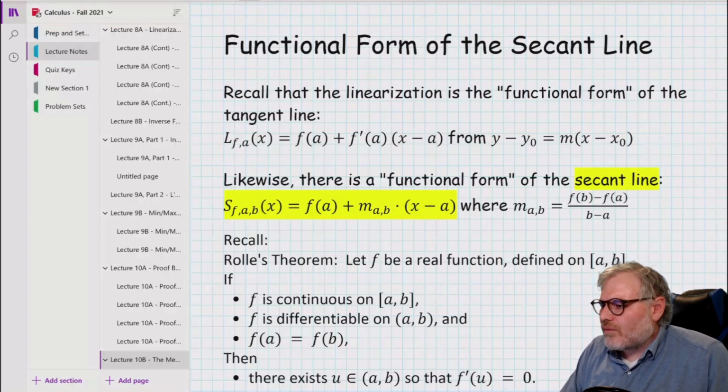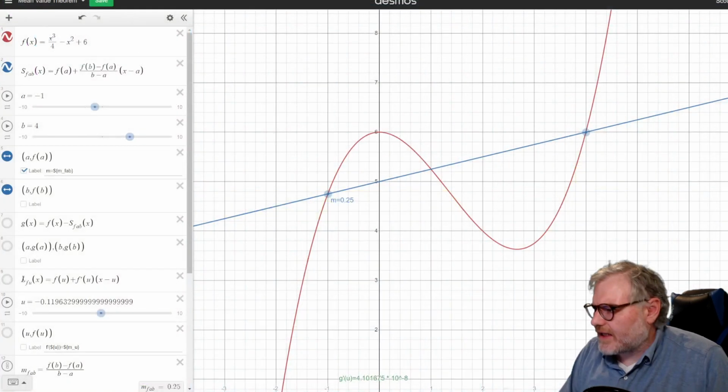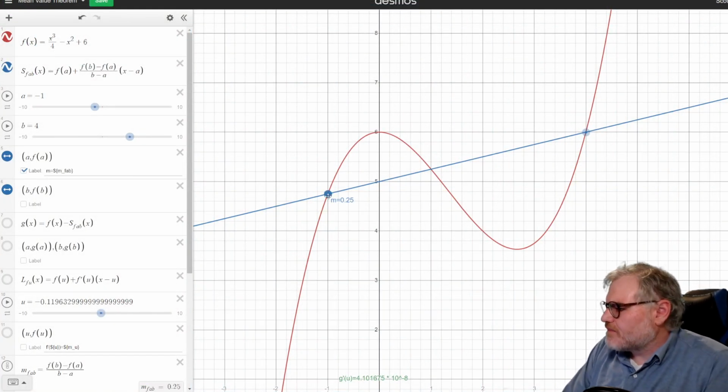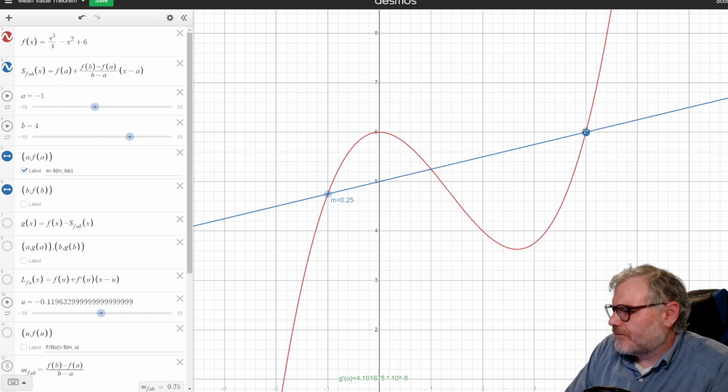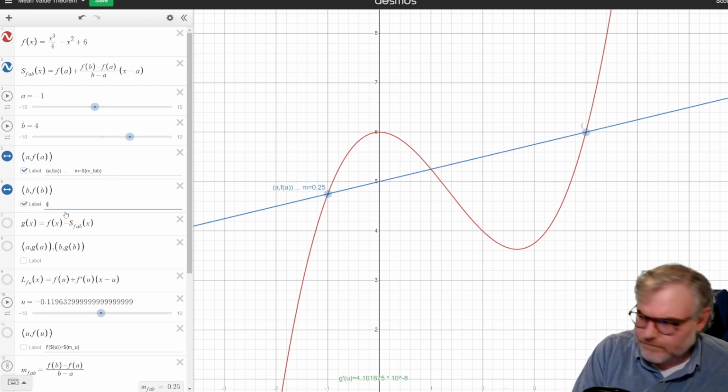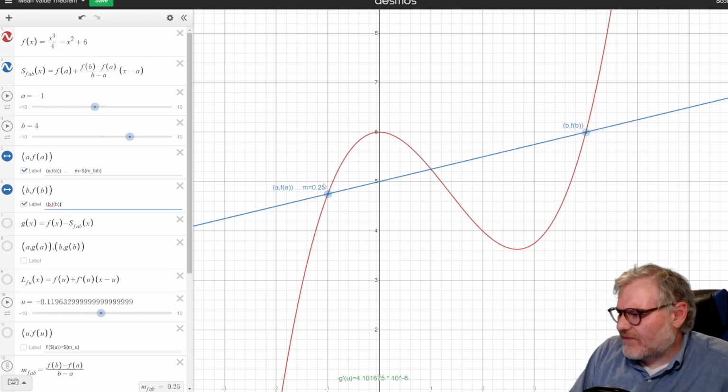What that's going to look like is something like this. Here's my A, f of A, and there's B, f of B. That's the slope of the secant line. So this right here is the secant line.